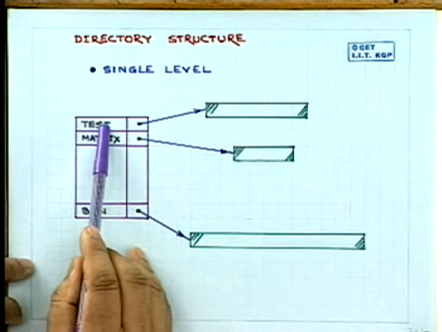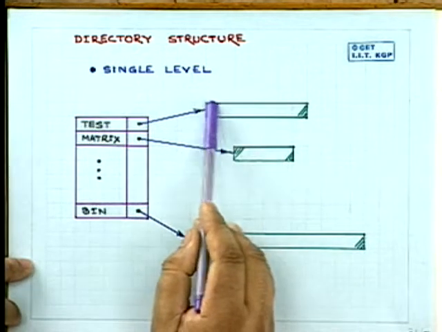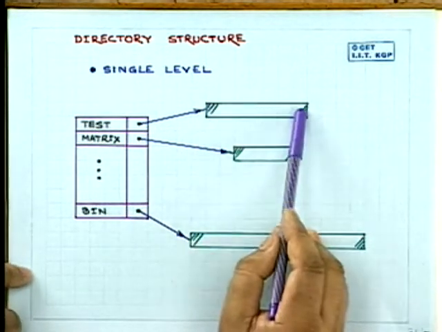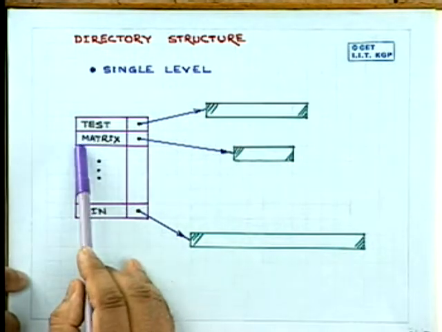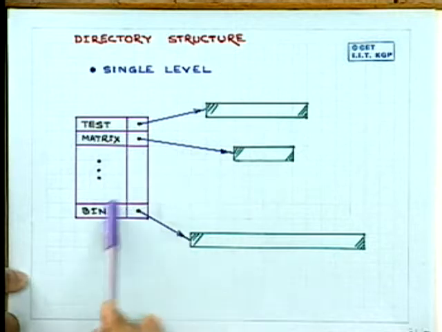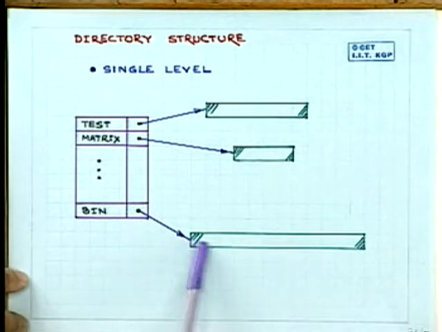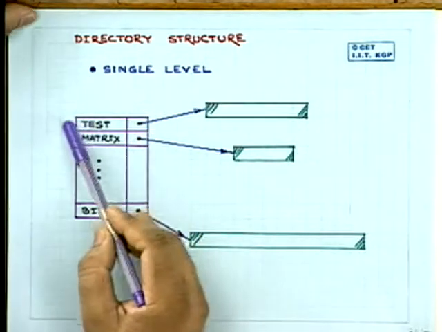So for example, here's a test file. I've shown the files as green rectangles here. Matrix is a file, then bin is a file. All of them are files, and this is the directory.